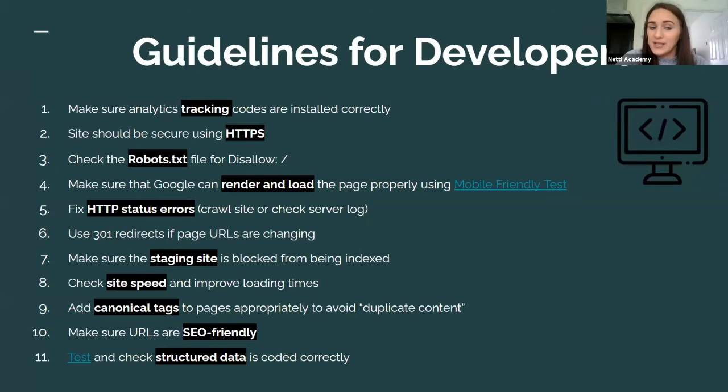The robots.txt file, so if anyone doesn't know what that is, don't worry too much, because this stuff is technical. This is probably the main thing that, if you are managing your own website, you're not going to be able to do yourself necessarily. But the big thing to understand with the robots.txt file is this is where you can accidentally block your whole site from being shown in Google. So you need to check that this disallow is not in.